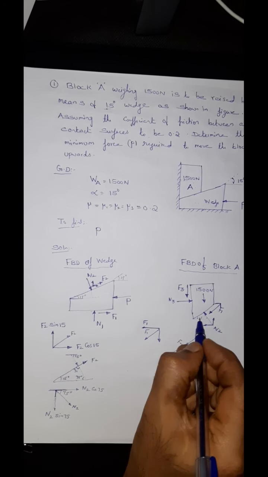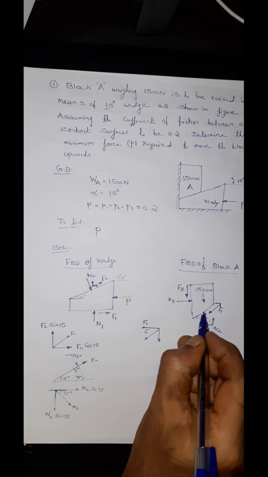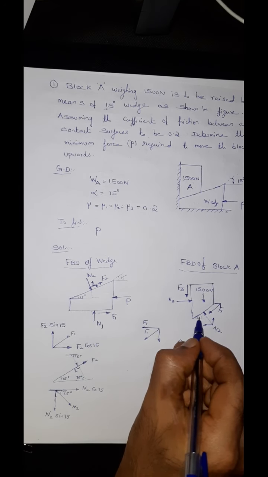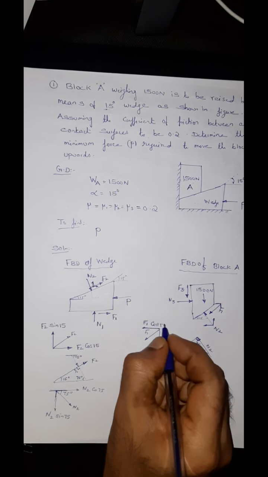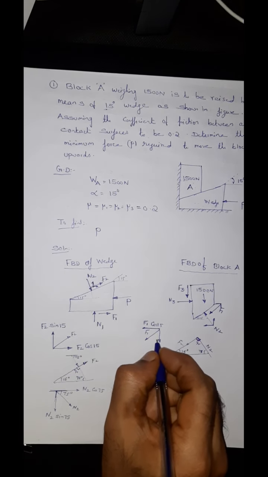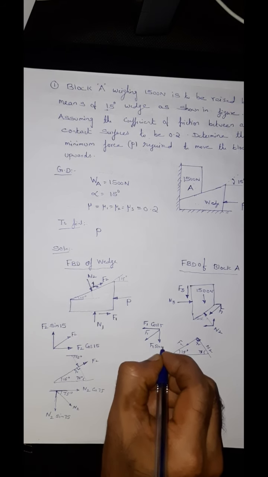What is the angle? It's 15 degrees because it's parallel. This F1 is parallel to the surface of the body, so it's 15 degrees with respect to the horizontal. So F1 cos 15, and this can be written as F1 sin 15.